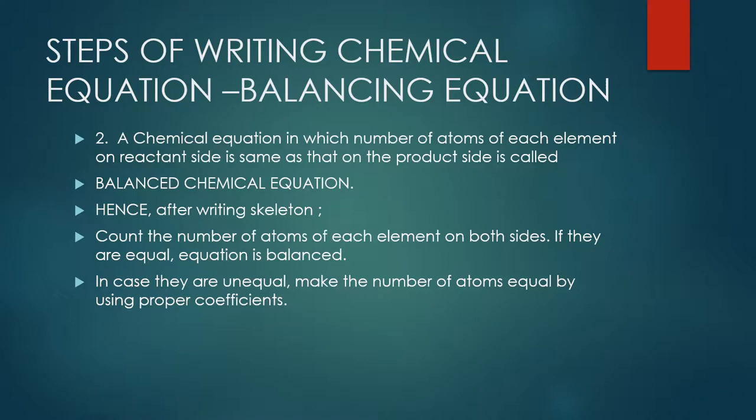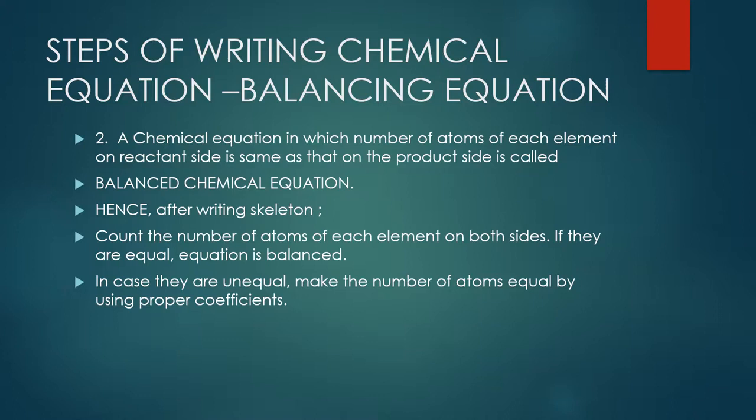So, no atoms are lost or gained in a chemical reaction. So, the number of atoms of each element on the reactant side must be equal to the number of atoms of each element on the product side.